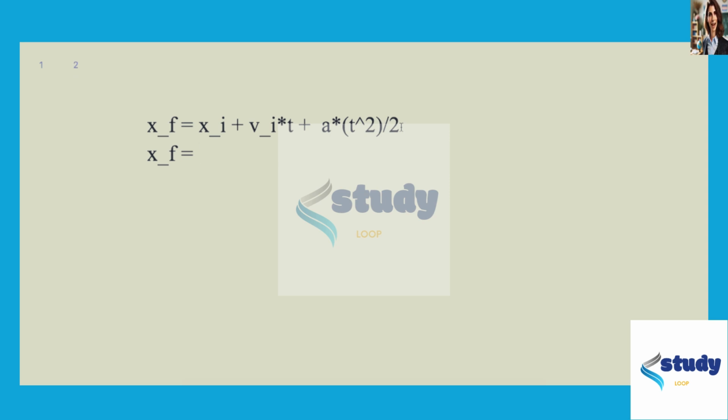So then our final position equation just reduces to a times t squared divided by 2. Our a in this case was 4g. And 4 times 9.81 is again 39.24. Our t was 33.7.